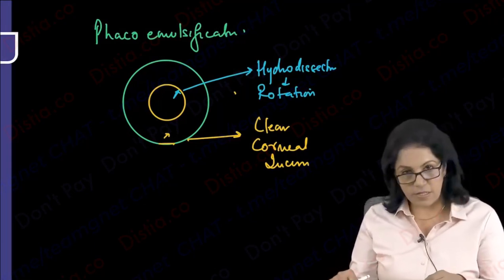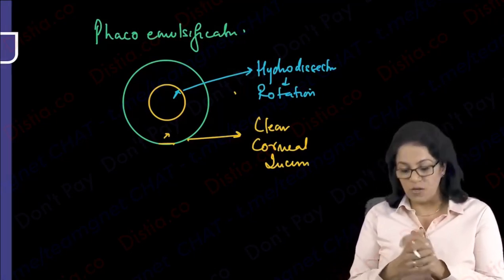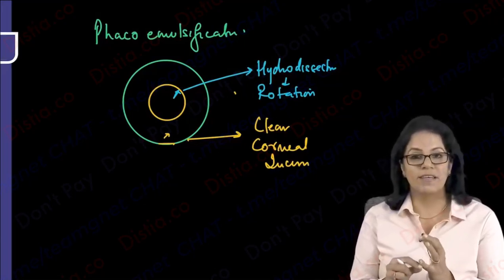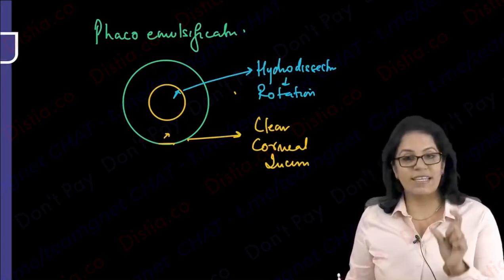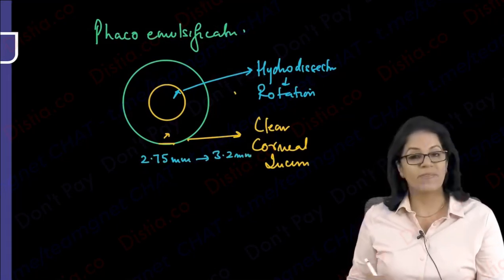Now, once you are over with all this, what do we do? The first question, let me start from there: what is the length of the incision? I think I mentioned it earlier also, 2.75 to 3.2 millimeters.